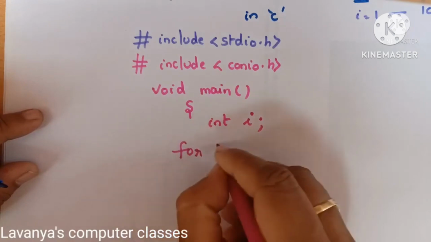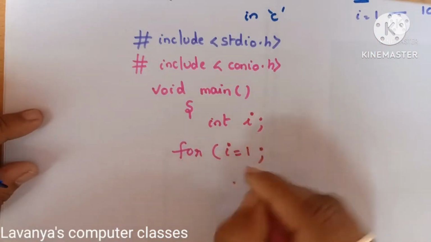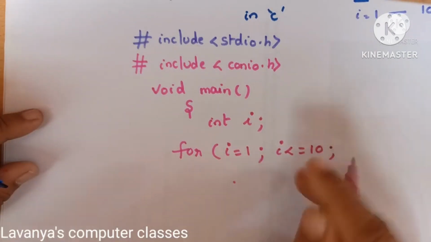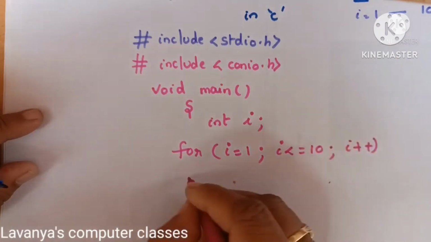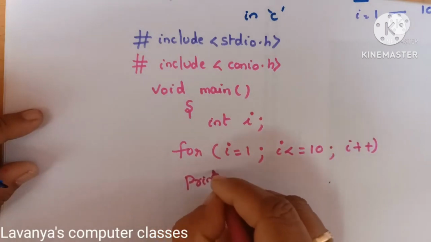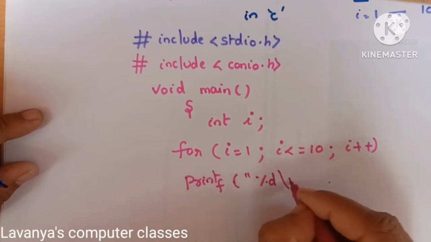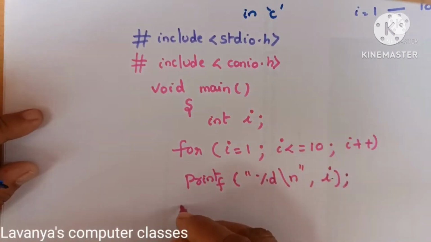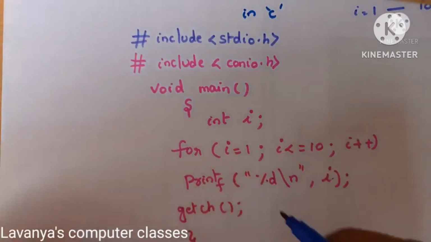Now we'll write the for loop for the I value. The initial value is 1, so i = 1; i <= 10, because we need the first 10 natural numbers; then increment i++, because after 1 comes 2, after 2 comes 3, then 4, like this. Then printf("%d\n", i), because for printing an integer we need %d, then getch. So this is a simple example program for the loop printing the first 10 natural numbers.